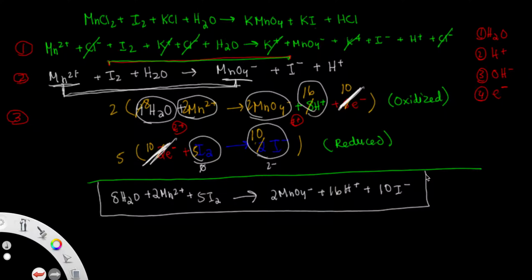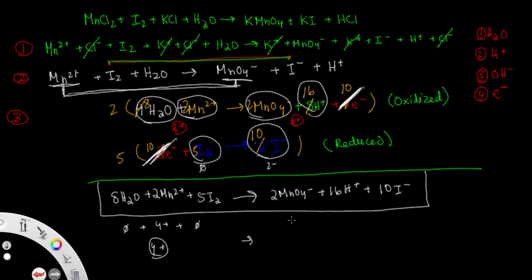Now there is a way that you can double check your answer, and that is if the overall charge of the reactants equals the overall charge of the products. Here we have 0 charge plus 2 times 2 plus, which is a 4 plus charge, plus 5 times 0, because I2 is of 0 charge, it's not an ion, so plus 0, for an ultimate charge of 4 plus.